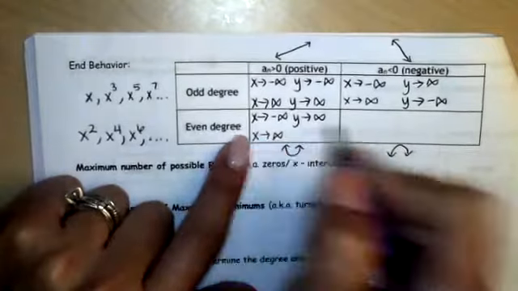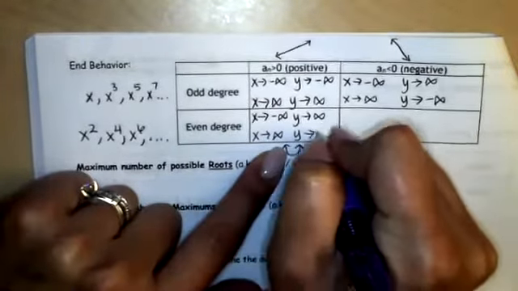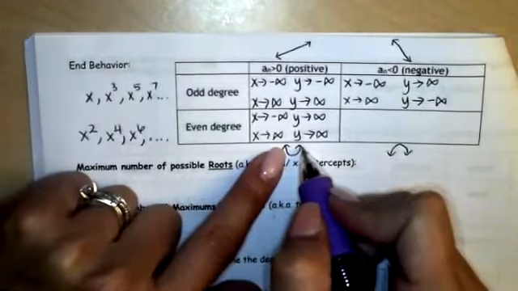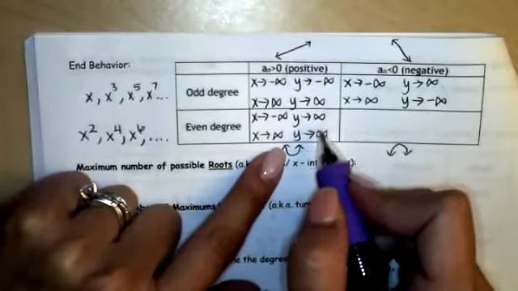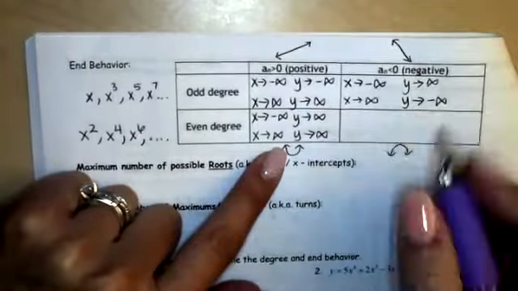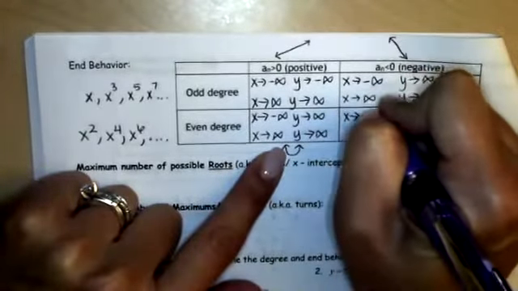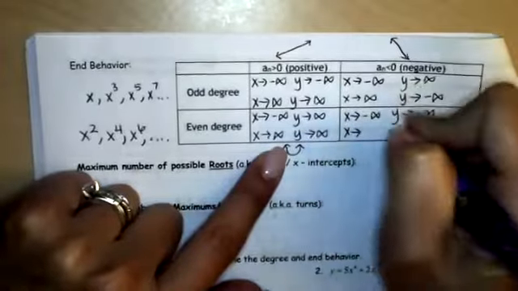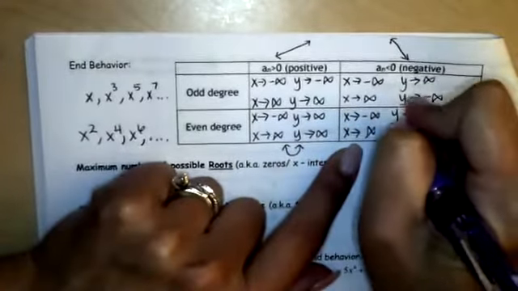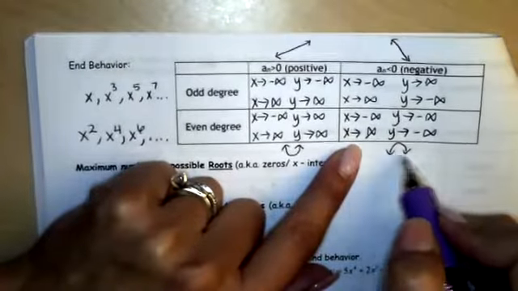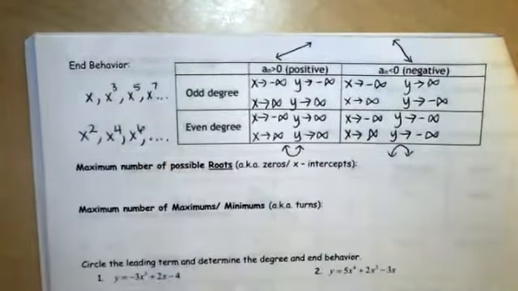And on the right, as x approaches positive infinity, y is also approaching positive infinity. So on the right, it's also going up. Notice these two are doing exactly the same thing. These are doing the opposites, and these are doing the same. So as x approaches negative infinity here, y is approaching negative infinity. And as x approaches positive infinity, y is also approaching negative infinity. So down, down. Those are your four possibilities of end behavior for polynomials.